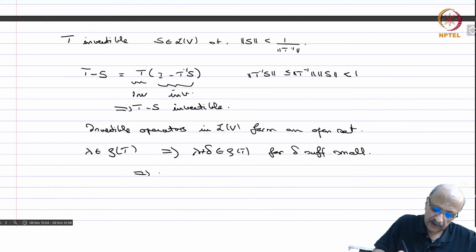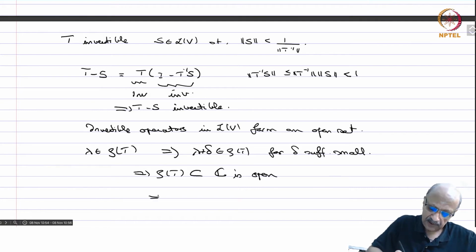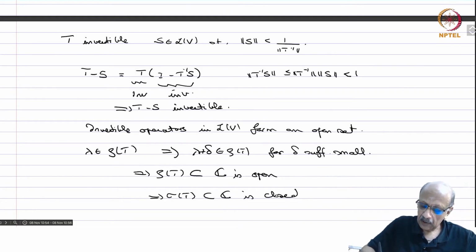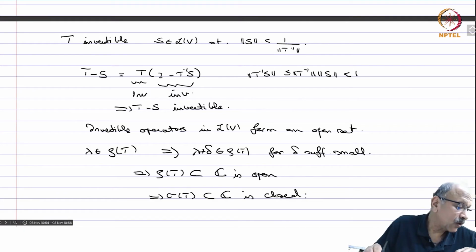So rho(T) contained in C is open, which implies sigma(T) contained in C is closed. So the spectrum is a closed set.